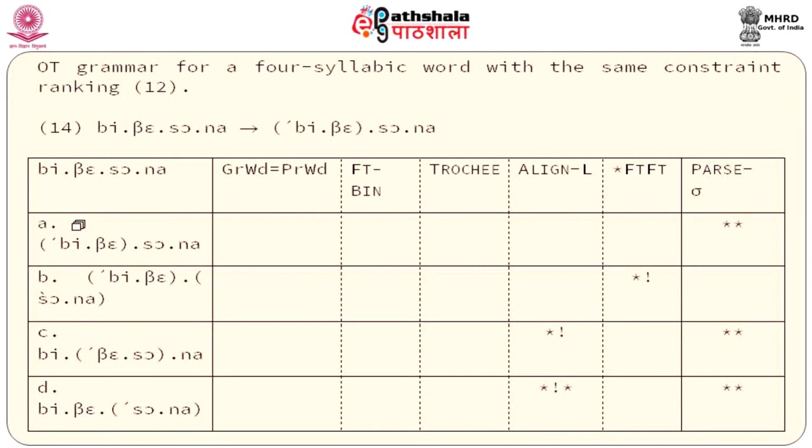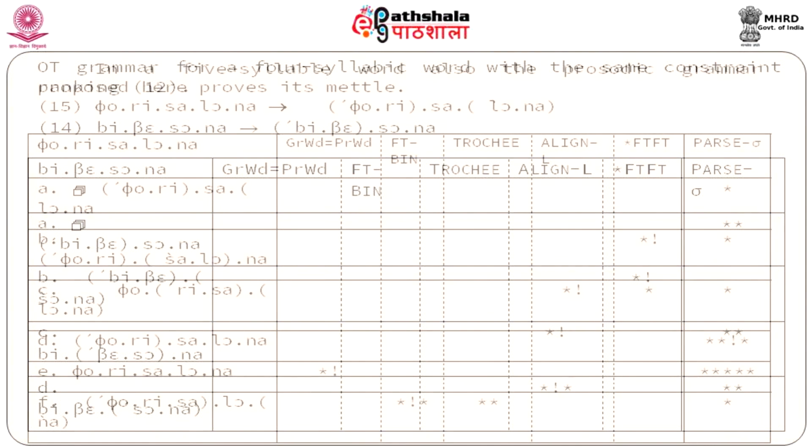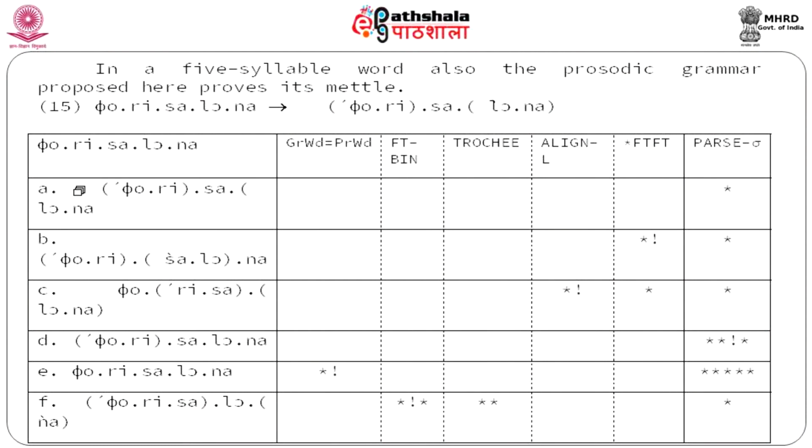Given this set of constraints, let's see how they give rise to the optimal form in a form such as Zira B. The form in A is the optimal one.